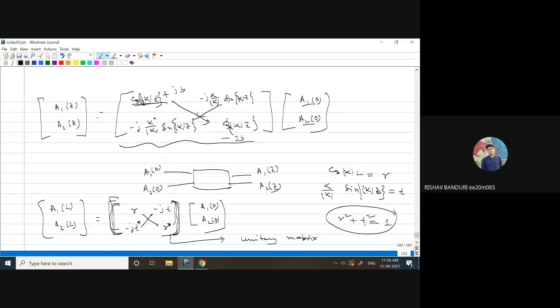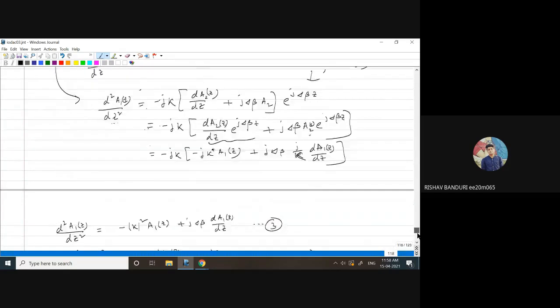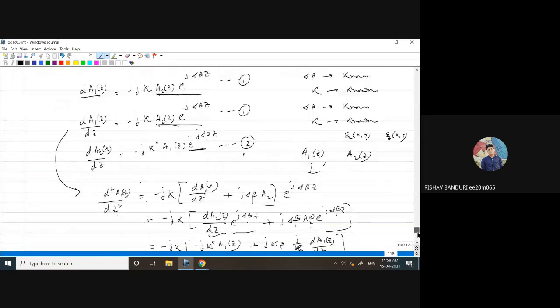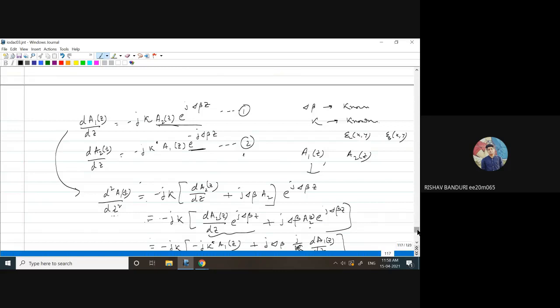We have two coupled equations there that we can write as a vector. What is on the left hand side we can write as a vector, and the right hand side we also write as a matrix and a vector. Then find the eigenvalues of this matrix.